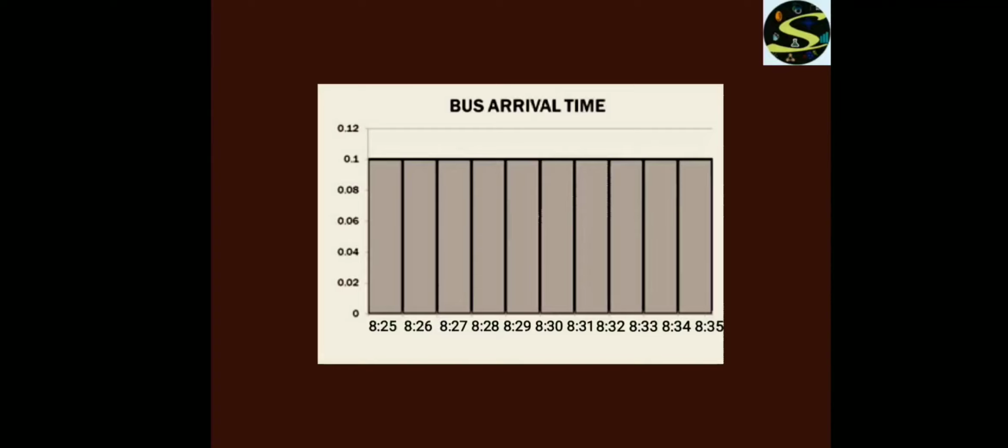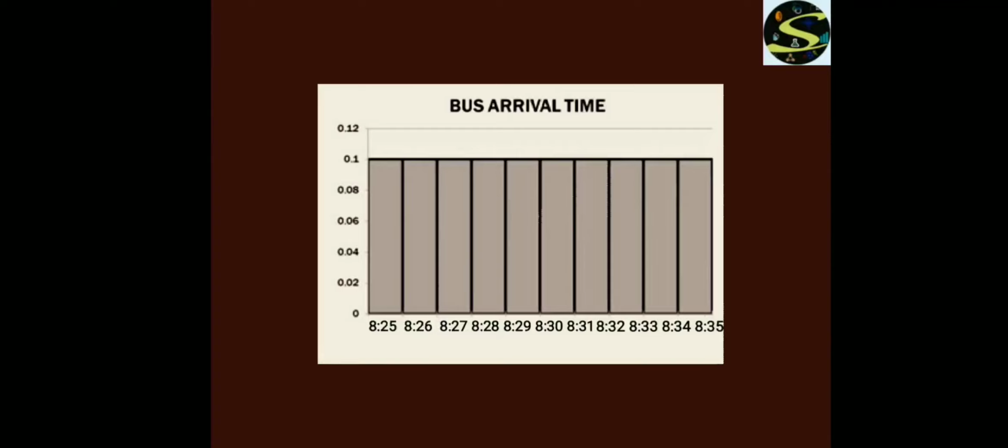So, we can think of the bus arrival time during any 1 minute interval as just as likely as the next 1 minute interval. From 8:25 to 8:25:59, the probability of the bus arriving during the first minute is the same as the next minute, which is the same as the next minute, and so forth.